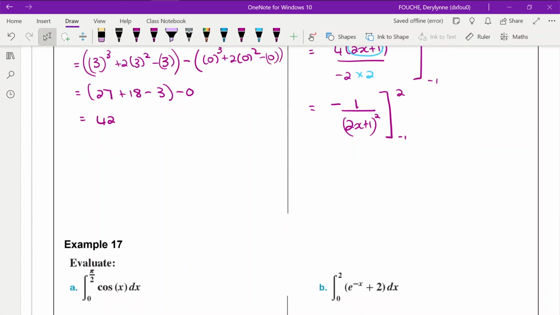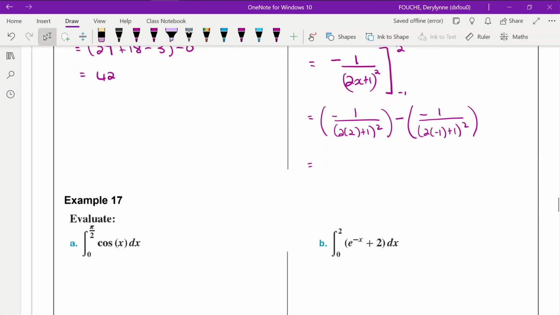Now we're ready to substitute in, so I have -1 over (2 times 2 plus 1) squared, minus -1 over (2 times -1 plus 1) squared. And that gives me -1 over (2 times 2 is 4, plus 1 is 5) squared, 25.